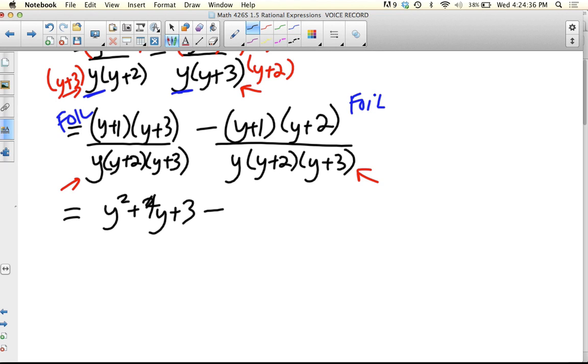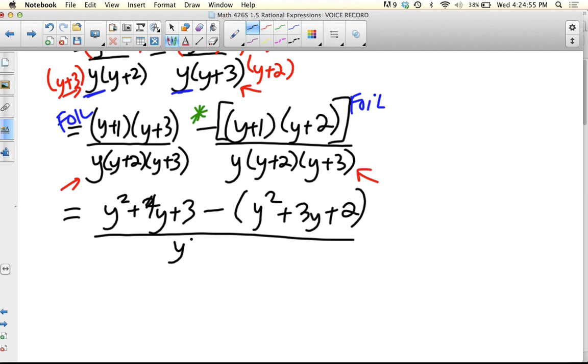We're subtracting whatever gets FOILed here, so I'm going to make sure that goes into a bracket. Really, really careful with this subtraction. It's going to be (y squared plus 3y plus 2), all over my common denominator, y (y plus 2)(y plus 3).